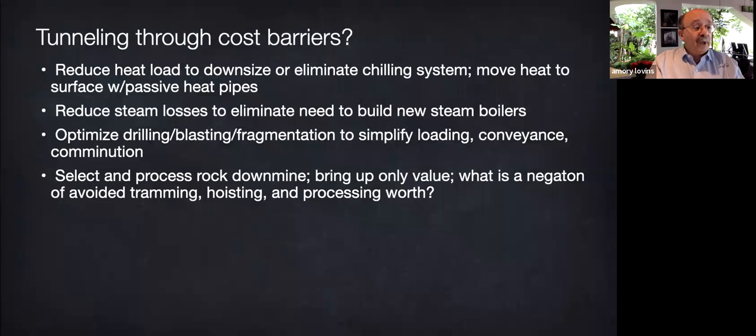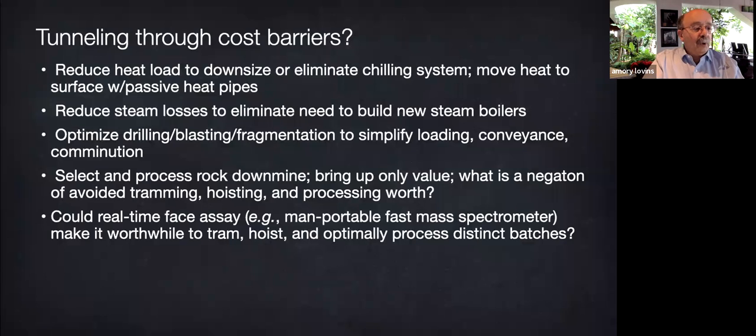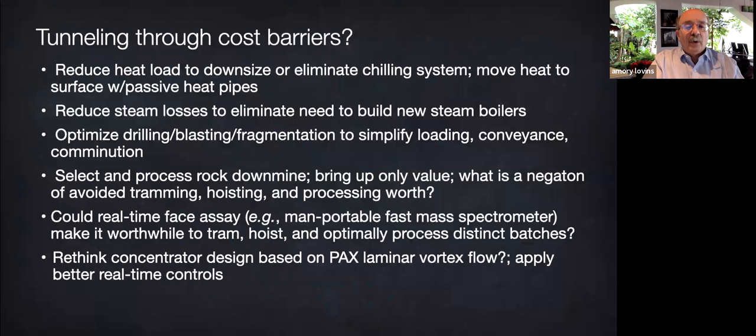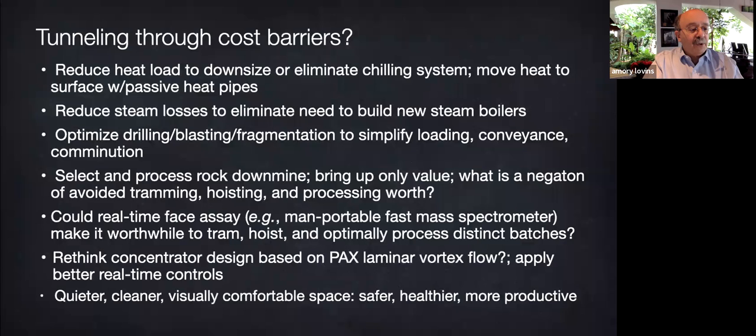For example, using a backpack-sized mass spectrometer built by an old friend in Tbilisi for Soviet asteroid sniffing satellites. And we suspected there was also major scope for rethinking the concentrators and their controls, although we didn't actually get to do that.